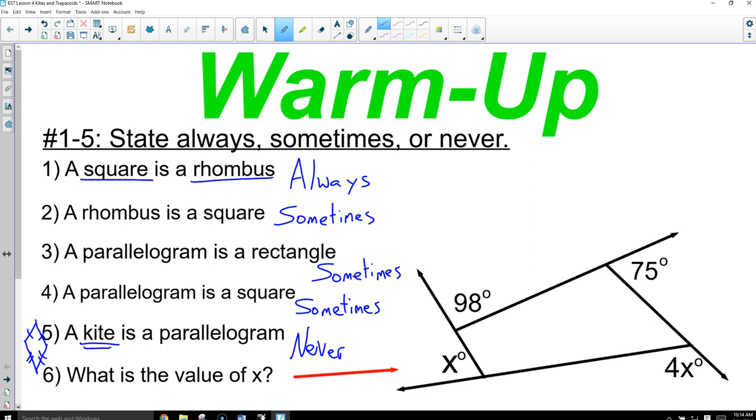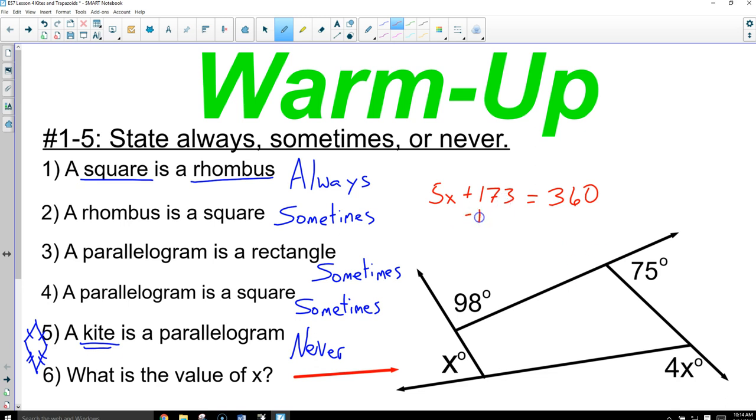What is the value of x? So this is reviewing back into the first learning target. We know that the exterior angles of any polygon add up to be 360 degrees. So I will add those together. So we'd have 5x, 98, and 75 is 173.